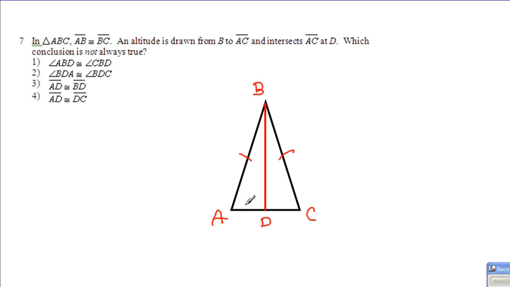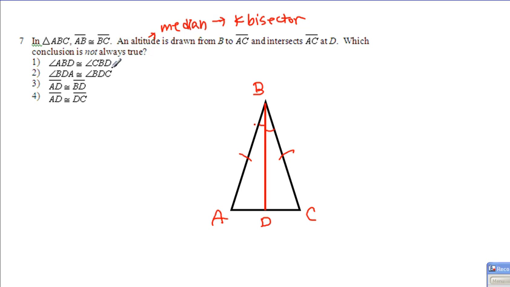Which conclusion is not always true? Now, when you look at it, angle ABD is in fact equal to angle CBD, because the altitude in an isosceles triangle also can be the median and also angle bisectors.